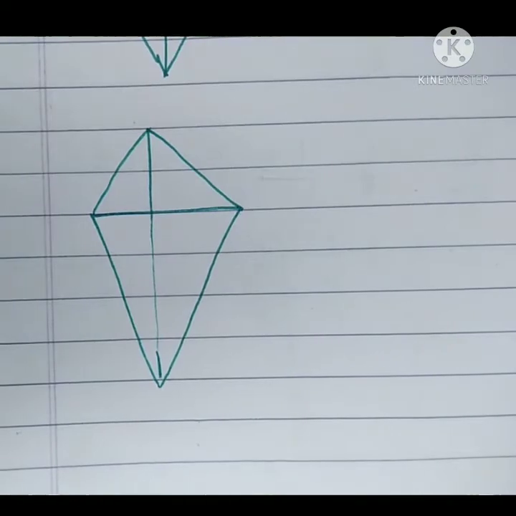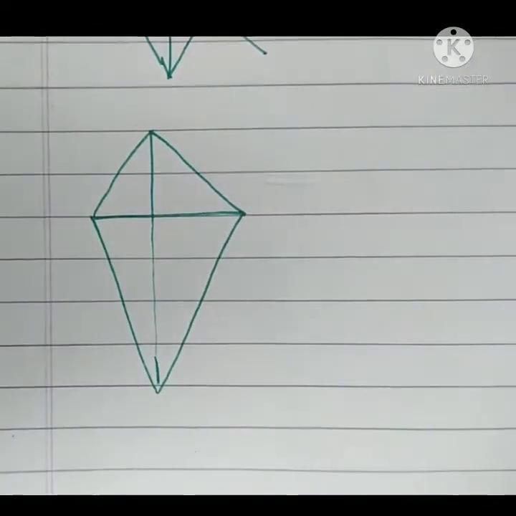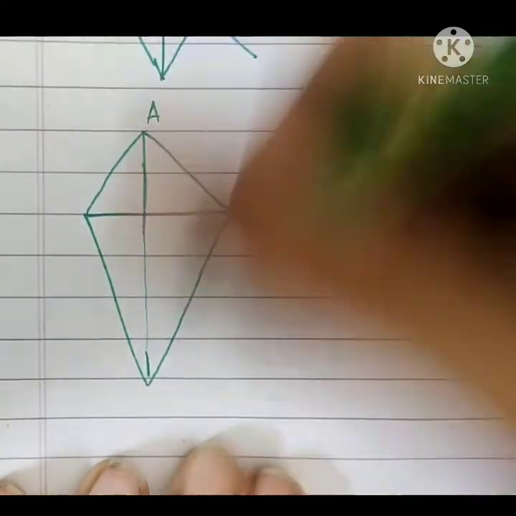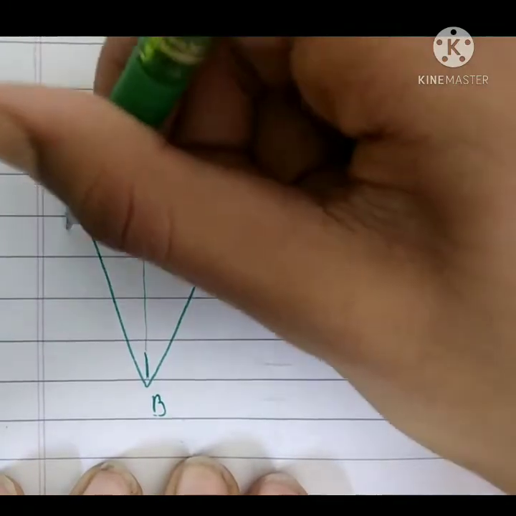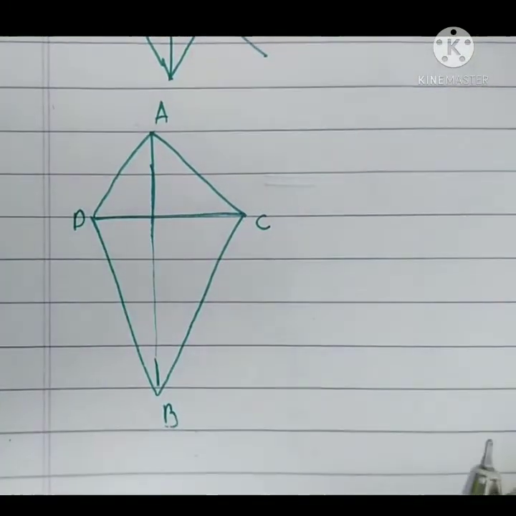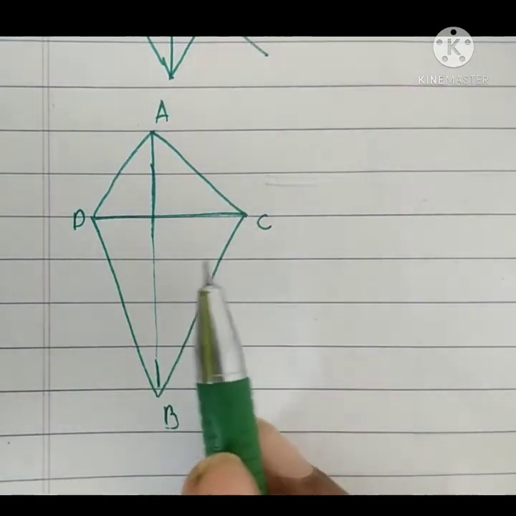What is the angle between the sticks? Sticks in a kite are these: AB is a stick, CD is a stick. Now this question is pretty simple. It is just asking what is the angle between the sticks.